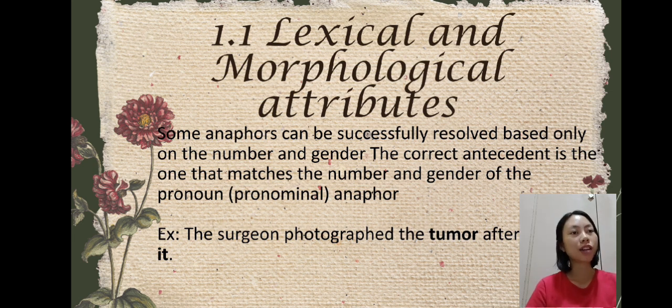So, some anaphors can be successfully resolved based only on the number and gender of the antecedent. For instance, in "the surgeon photographed the tumor after removing it," the correct antecedent is the one that matches the number and gender of the pronoun, or the pronoun anaphor, and this is the pronominal.